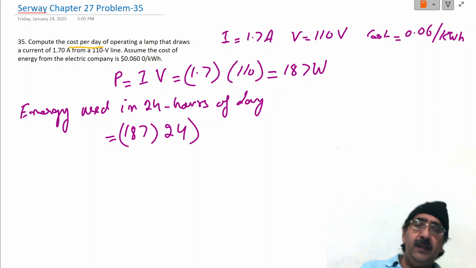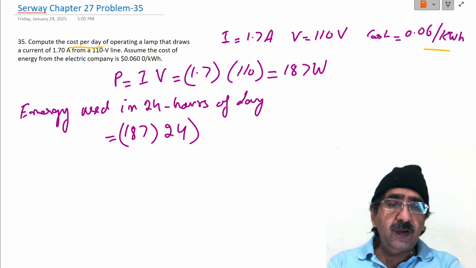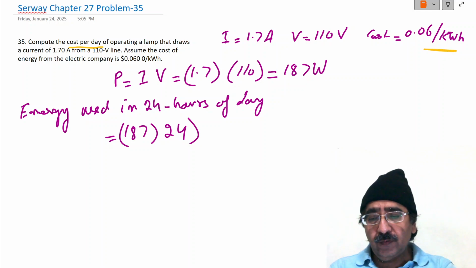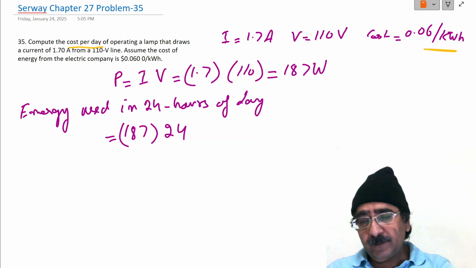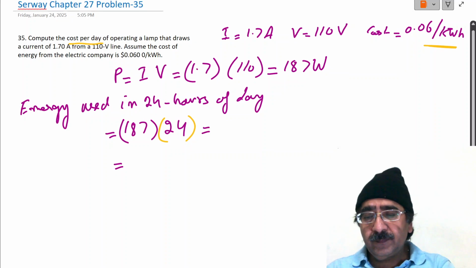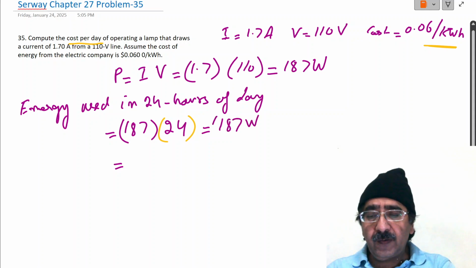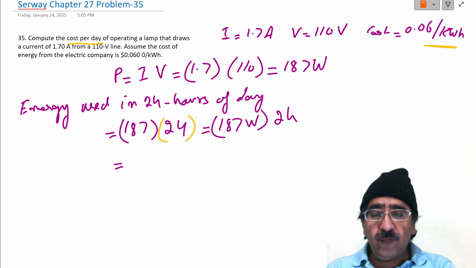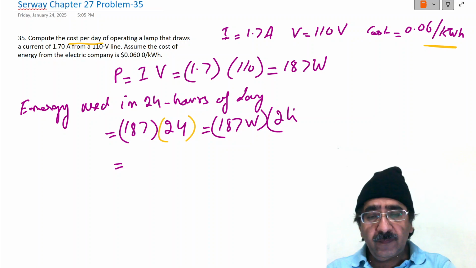But as we have the cost in kilowatt per hour, we have to convert it. This is 187 watt, and this is 24 hours.